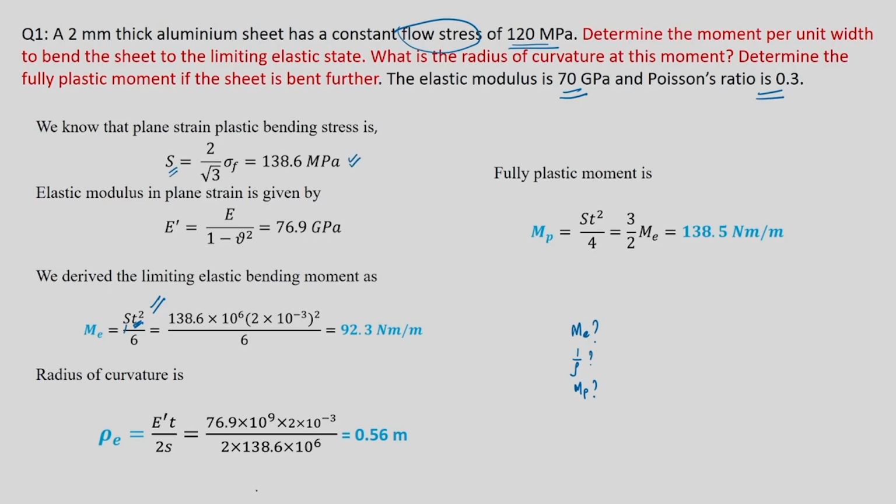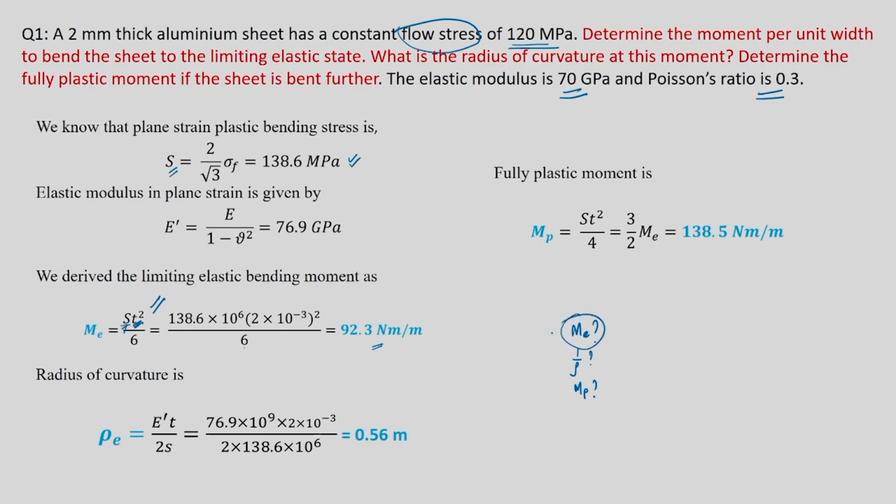So S has been found, and you can substitute this S in the equation. You have to be careful to keep consistent units: 138.6 into 10 power 6 into t square, 2 into 10 power minus 3 squared, divided by 6, which will give you your elastic moment per unit width. 92.3 is the value that is given.